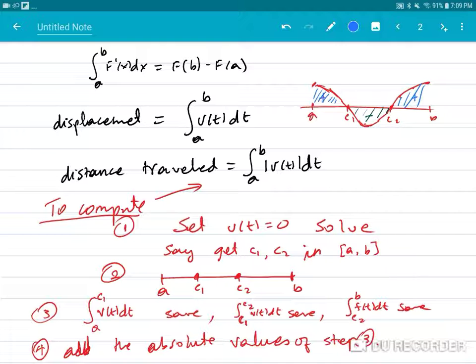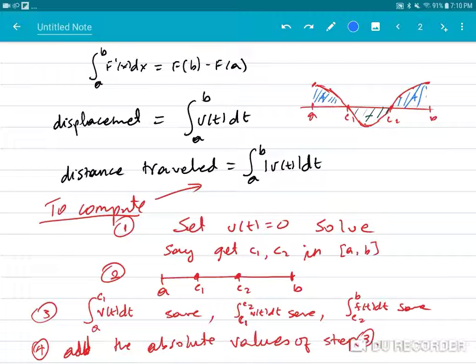So if you do the net integral, that would give you just the displacement. Whereas to find the total distance traveled, you would add this distance, add the absolute value of this distance, and add this distance. That way you would know how far the object has moved, how much gas the car has taken.